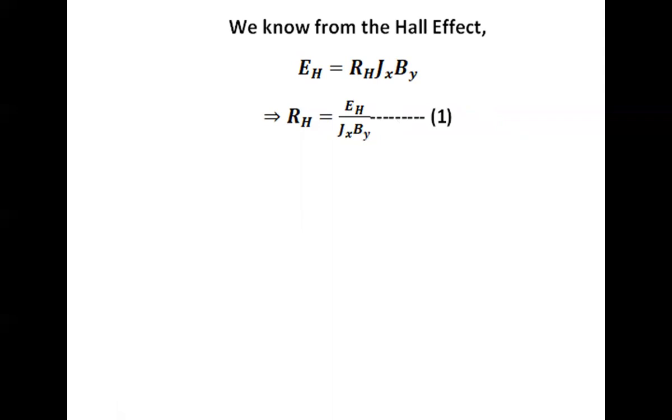That means we need to convert this electric field into potential, that is Hall potential. Similarly, current density also we cannot measure directly, we can measure only the current. So current density means current per unit area. That means we can actually convert this current density also into current and area.